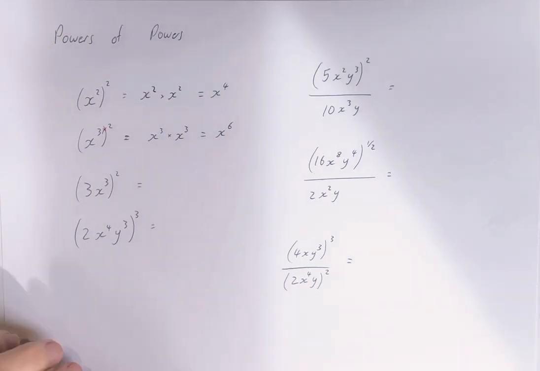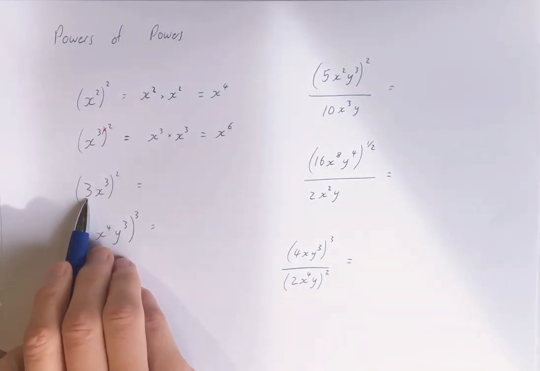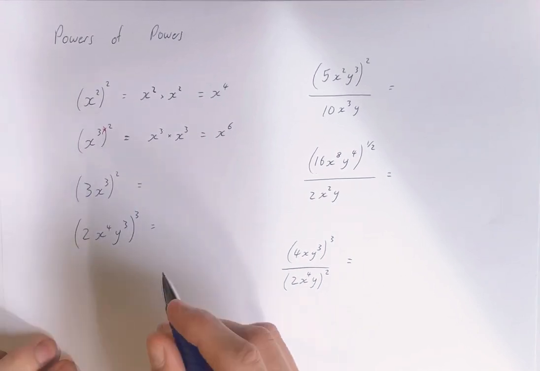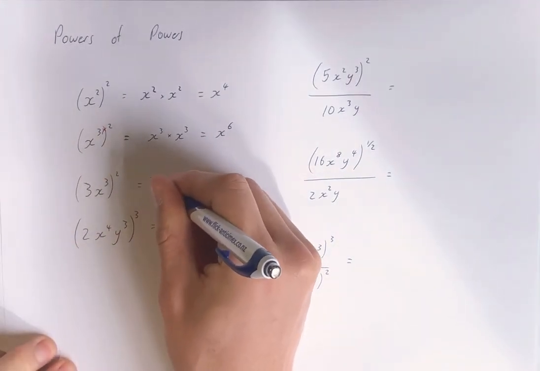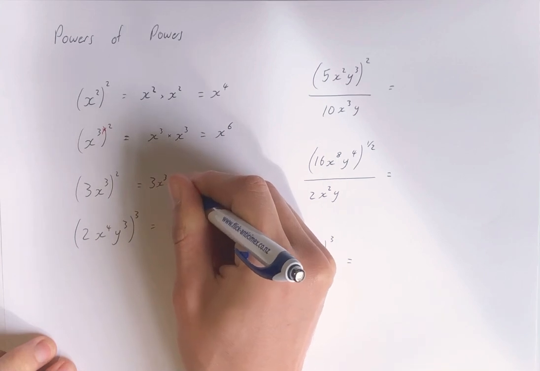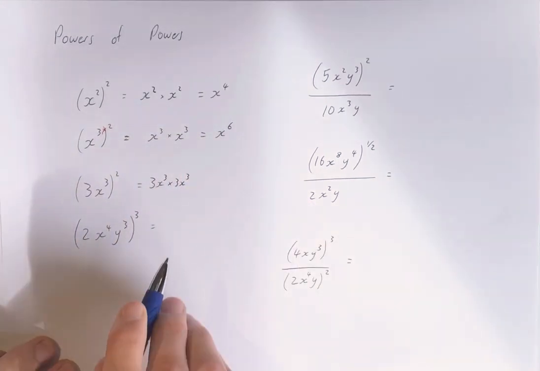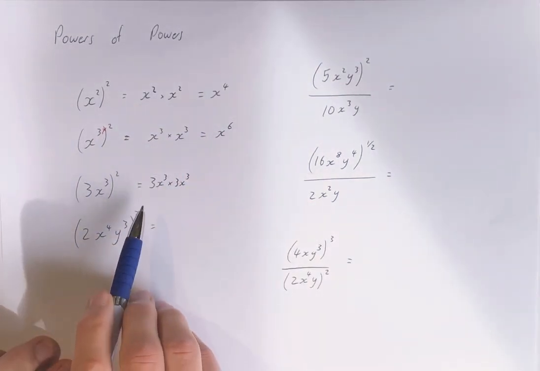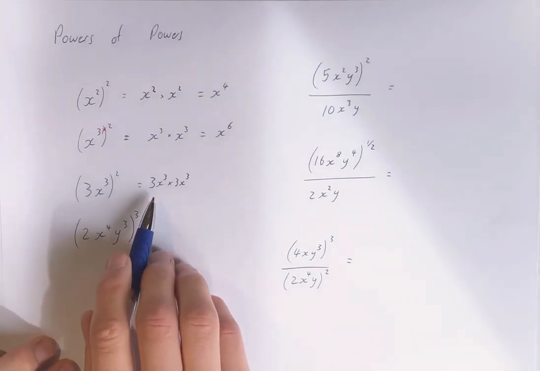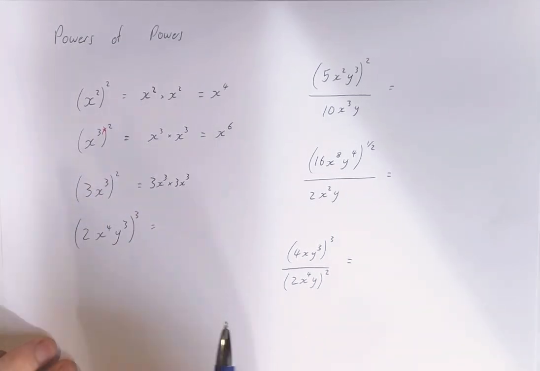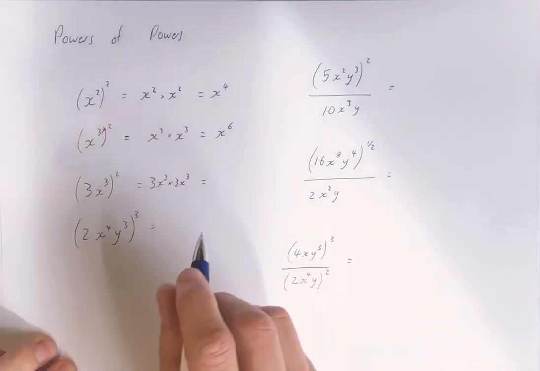What's quite interesting, however, is when you have a constant or even another variable in there, and we're squaring. So this means 3x cubed times 3x cubed. 3x cubed times by itself once, right? Times by itself squared. Well, you can see that we can get 9.